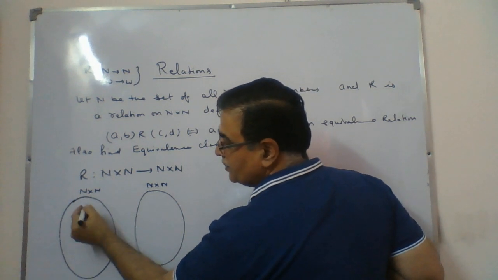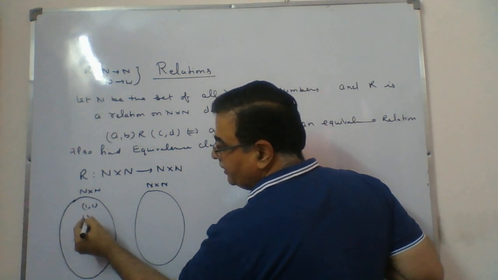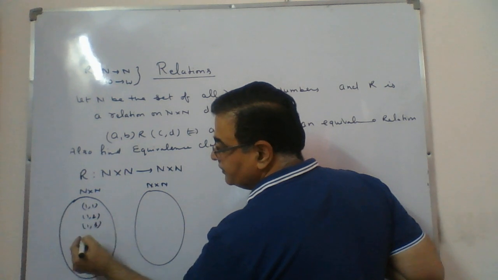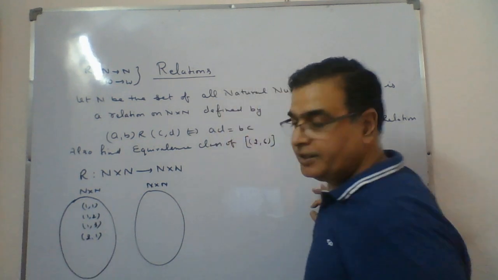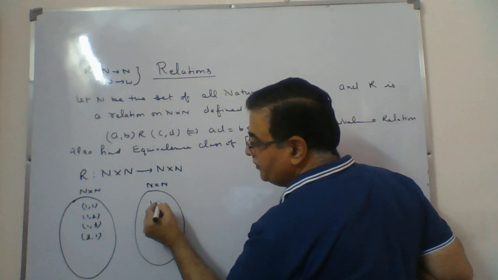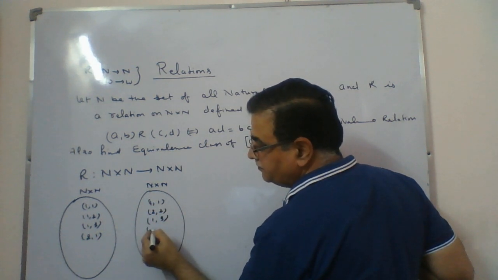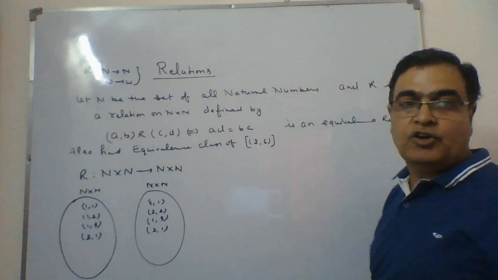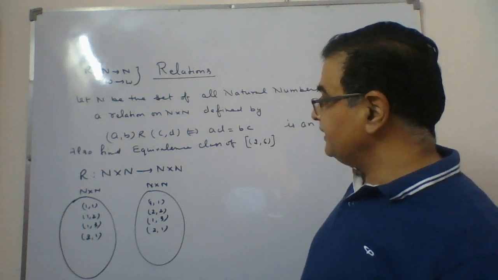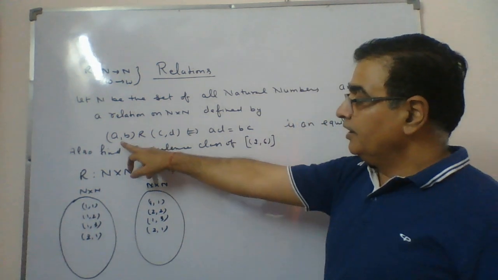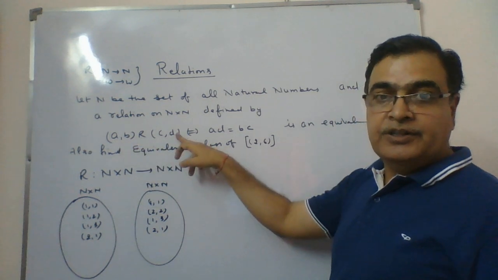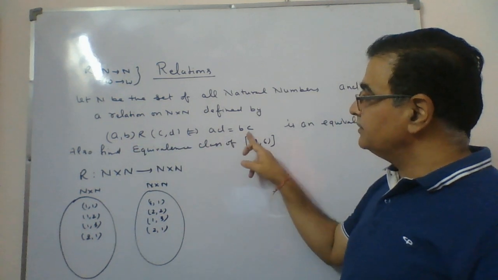This is natural, natural, so it can be (1,1) is an ordered pair, (1,2) is an ordered pair, (1,3) is an ordered pair, (2,1) is an ordered pair. Same way here also it will have ordered pairs. So infinitely many ordered pairs are there. Now it says that (a,b), one ordered pair, relates with the second ordered pair if ad comes out to be bc.